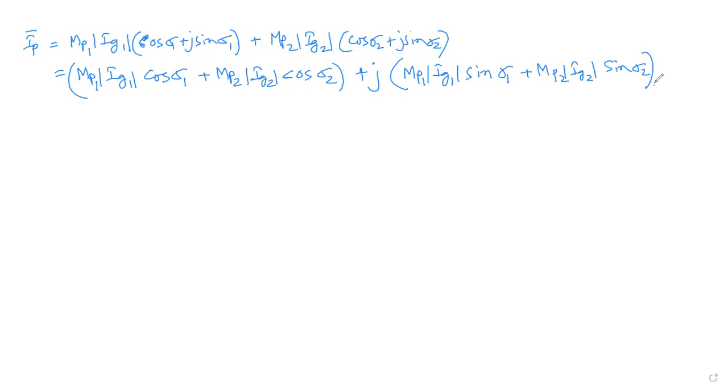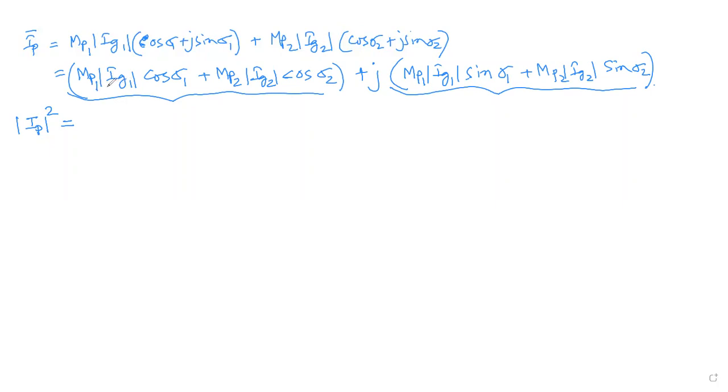So now, instead of expressing this IP in terms of phasor, if anyone is interested in finding the absolute value of this, what should we do? We have simply a real part and an imaginary part. So we can write IP squared, so that we can get rid of the square root.